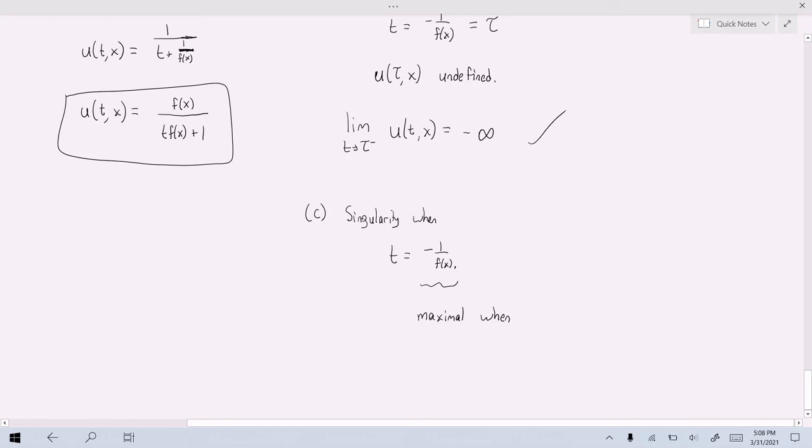Okay, so this is maximal when f of x is as close to 0 as possible. And since f is negative, by assumption for this part of the problem, that means it's maximal when f is as close to 0 as it could be. That will actually be its maximum value.